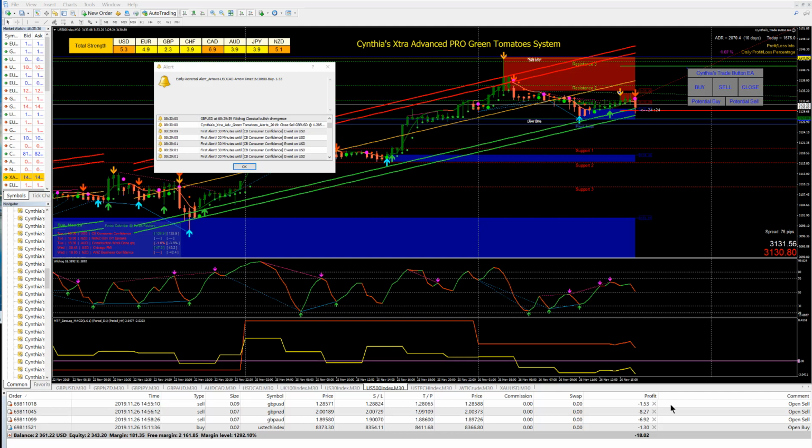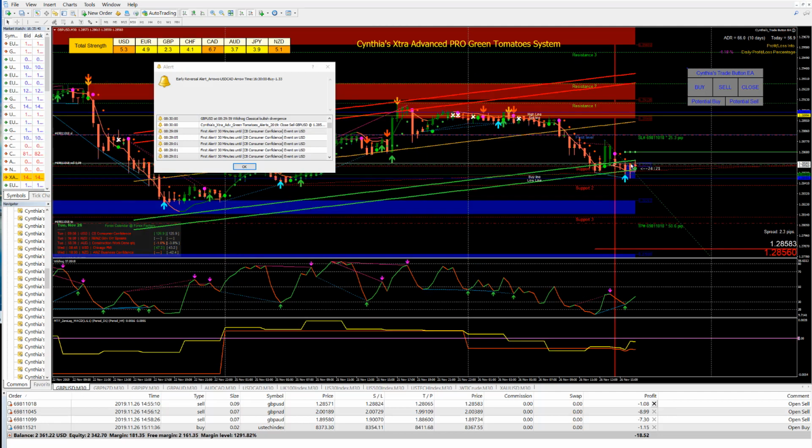And here we are in some kind of consolidation. It's created a very tiny little support here after the early reversal arrow, and now we have a green SAR dot, and it's broken above the triangle breakout, and here's the triangle breakout target.